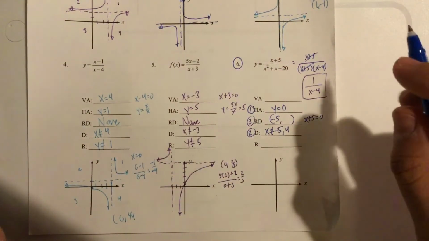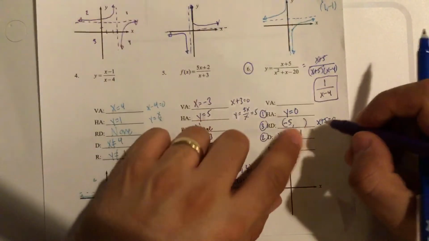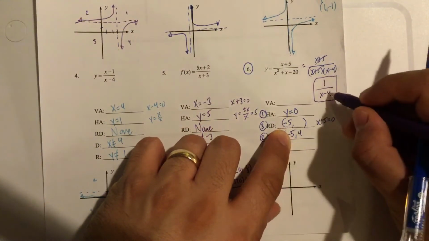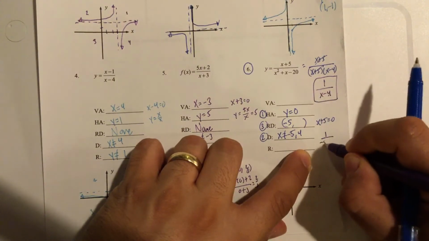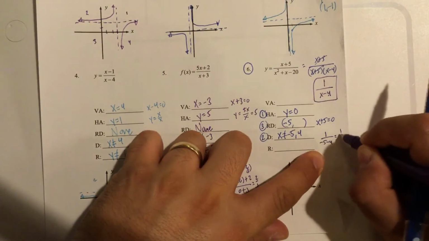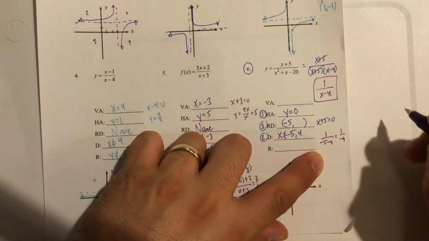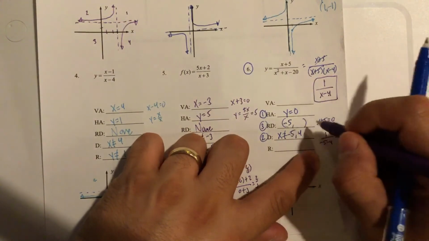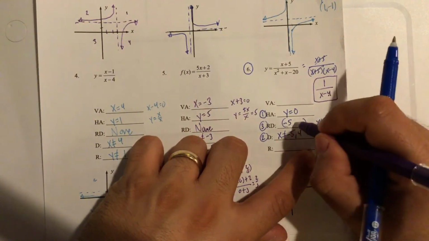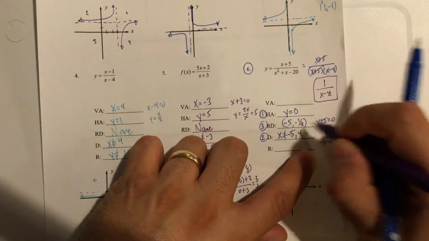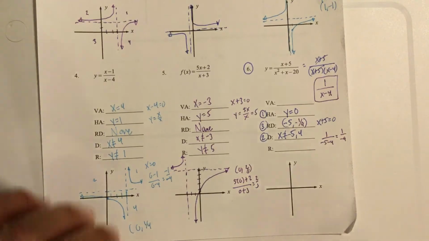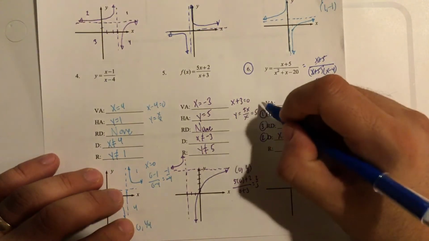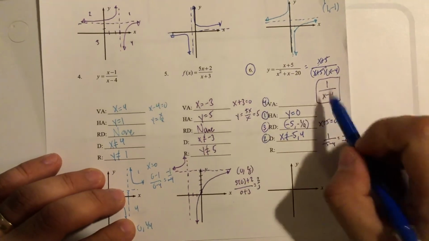To find the y value, we simply take -5, this x value, and plug it into this equation to solve for y. So 1 over -5 minus 4 is 1 over -9. So it appears that my hole is at the coordinates -5 and -1/9. Now the vertical asymptote comes from the remaining denominator of our simplified equation.